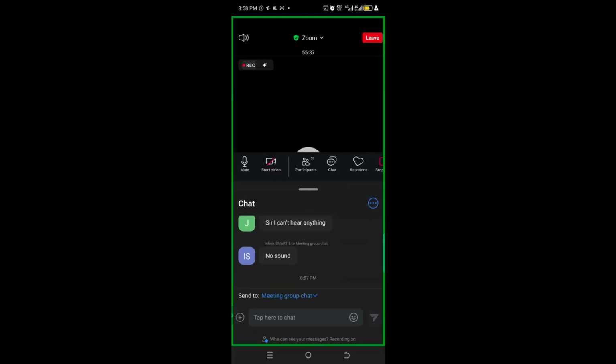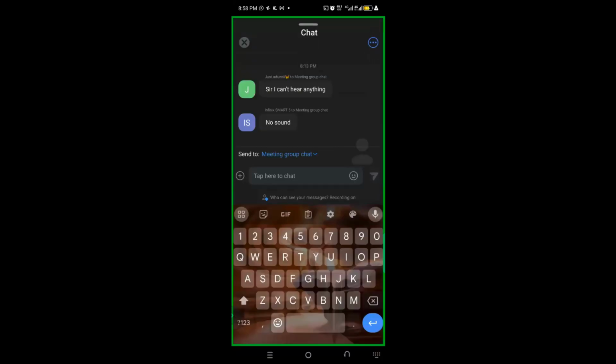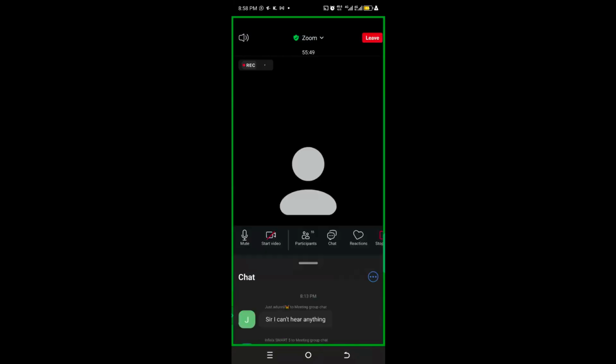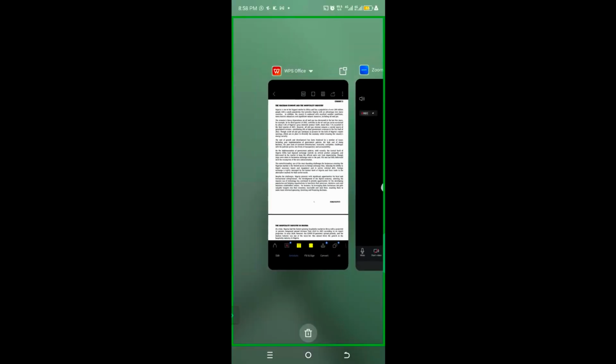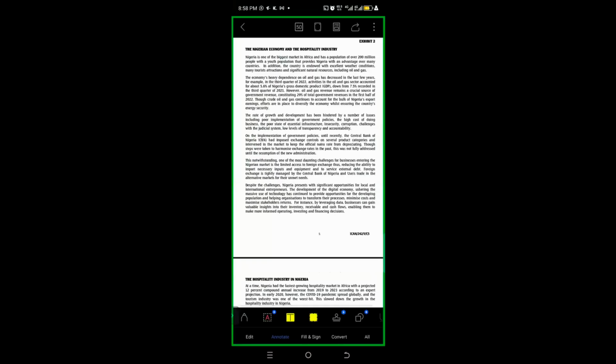I have a contribution. All right, go on. About the hospitality industry in Nigeria, it says somewhere that in early 2020, the COVID-19 pandemic spread globally, and the tourism industry was one of the worst hit.